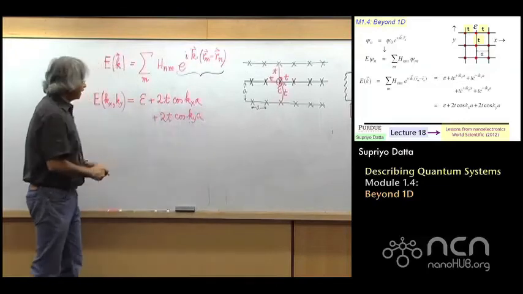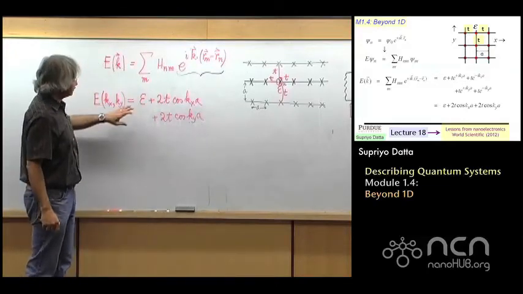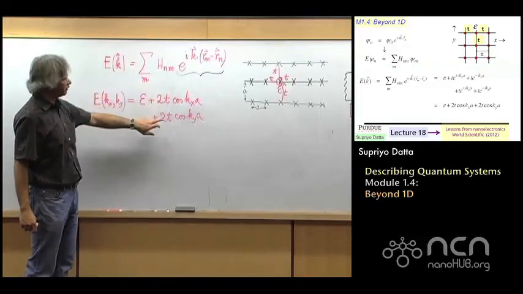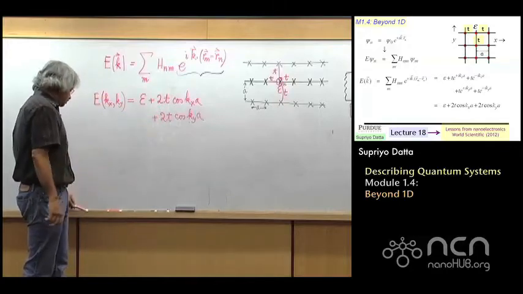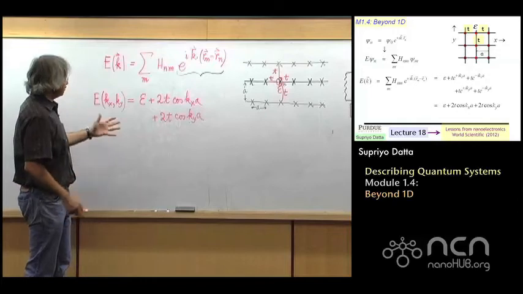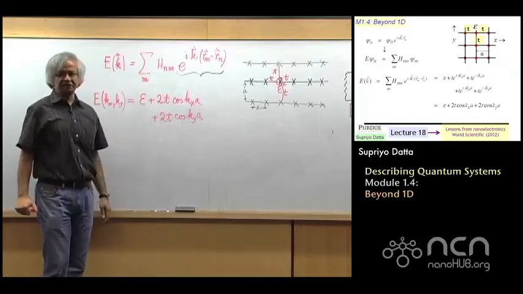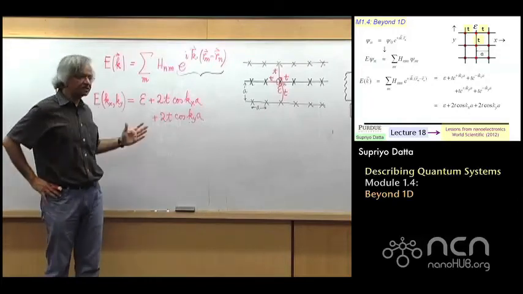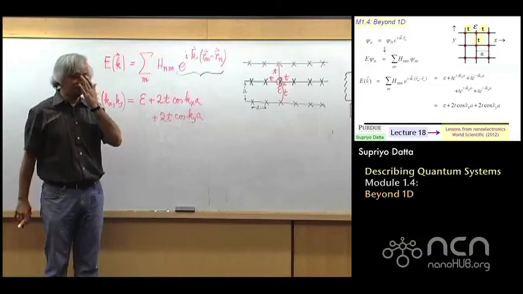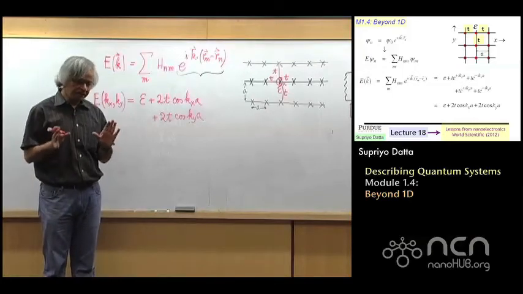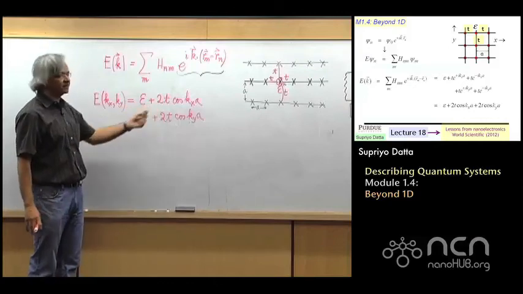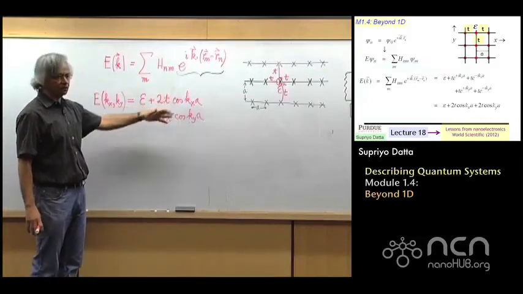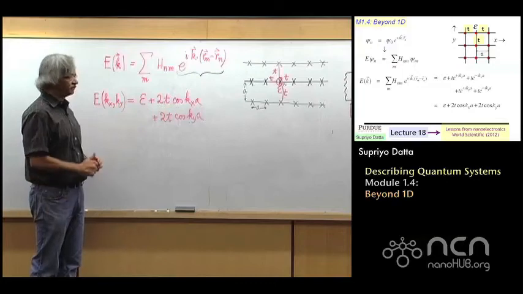And again, if you compare with what we had before, we had just the first 2 terms. Now we have the last one. And of course, the purpose of obtaining the dispersion relation in this context is because there is a particular energy momentum relation or E-K relation that you believe in, and you're trying to adjust these parameters epsilon and t so that you get the right values.